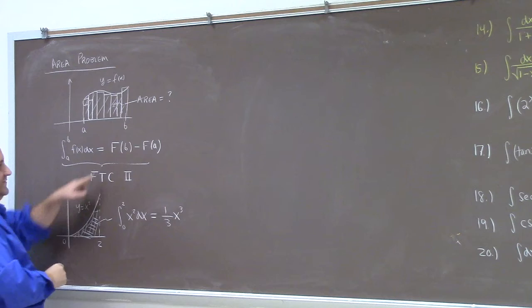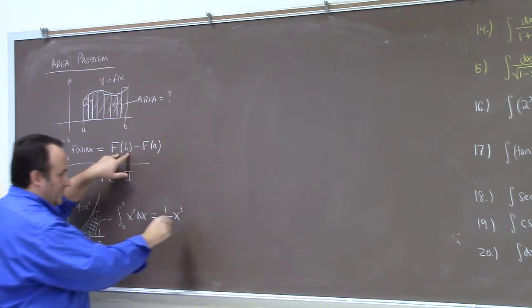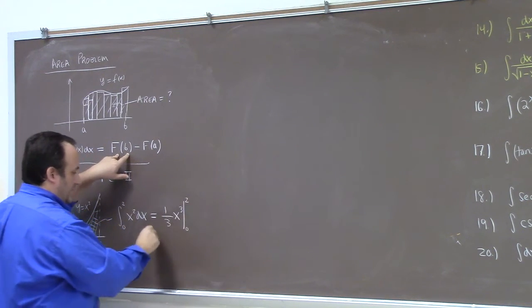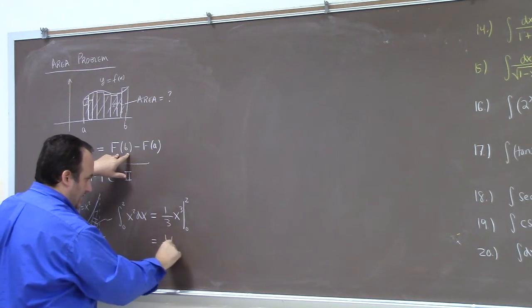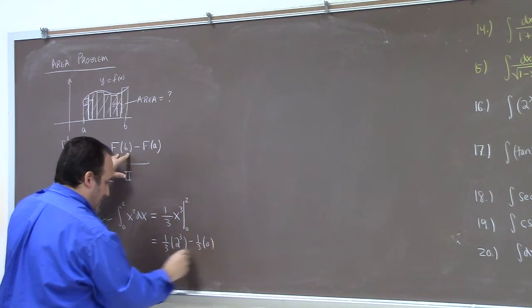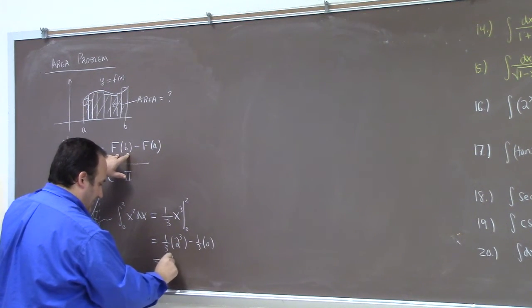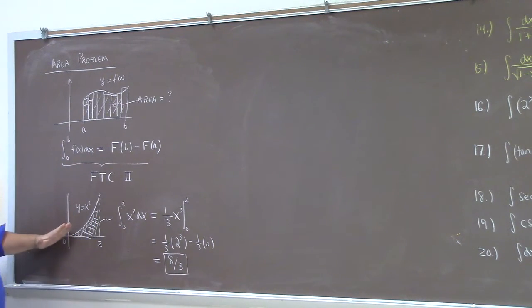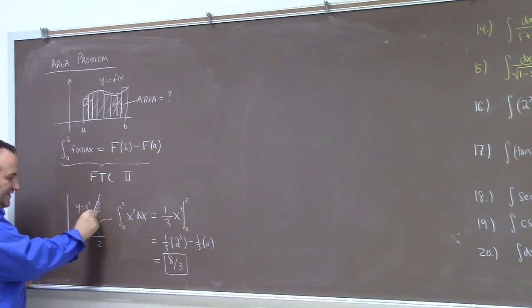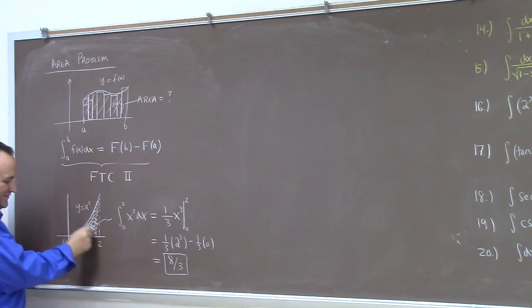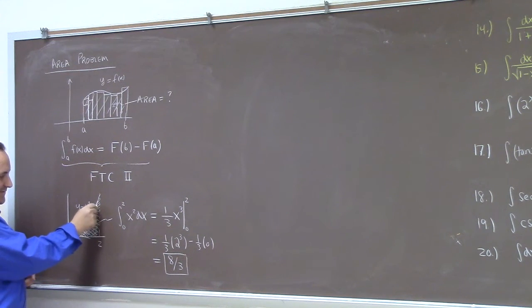And then you have to take this formula and evaluate it from 0 to 2. What that means is 1/3 of 2 cubed minus 1/3 of 0. The answer is 8/3. The area under this curved shape from 0 to 2 is exact. Now, this is not an approximation of the area. This is an exact account of the area under that curve.